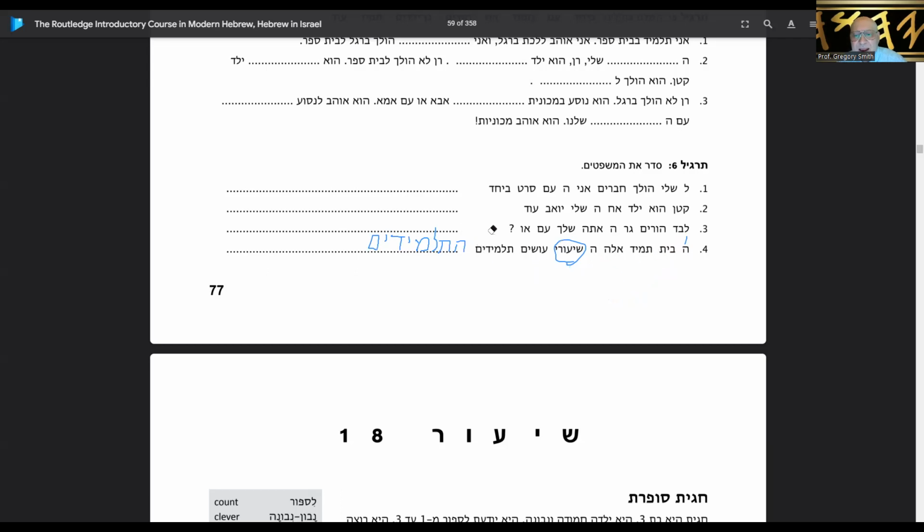Oh, I think it's going to be Ela. We got to make it all fit somehow. So this Ela here means these. So let's see, Ela, these ha talmidim, and that would make sense to put ha talmidim.